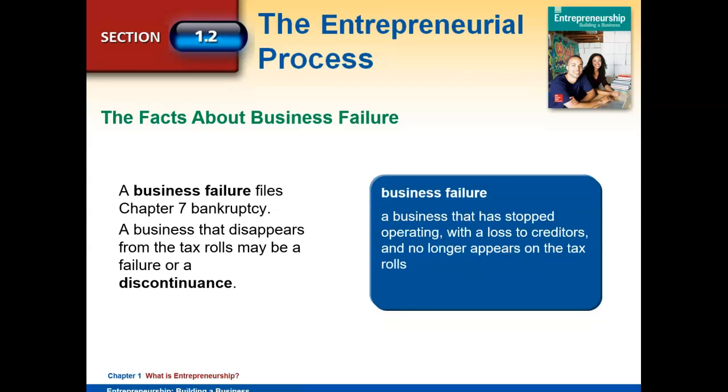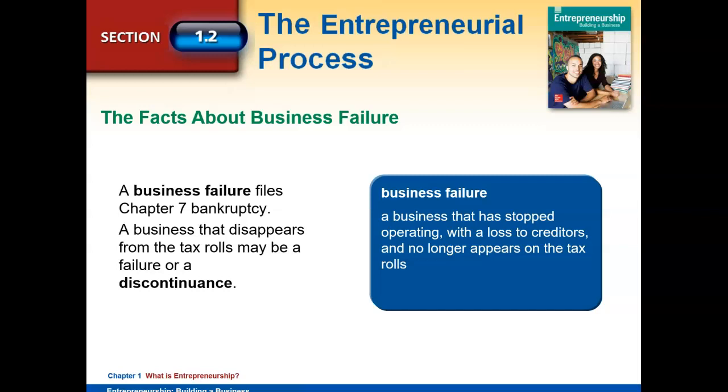So we talked about H.H. Gregg filing Chapter 11, where they reorganized and hoped to come back as a business. And I believe that actually ended up failing. Chapter 7 bankruptcy is when a business disappears from the tax rolls and is a failure or a discontinuance. They have stopped operating.